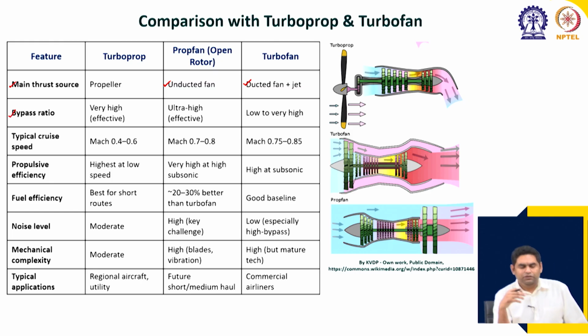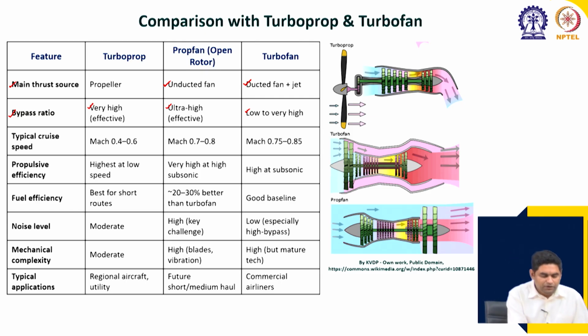The bypass ratio, the equivalent or effective bypass ratio, is very high for turboprop. It is also very high for prop fans, both cases very high. For turbofans, it can be high for high bypass turbofan and it can be low also for military aircraft, low bypass turbofans. So, this can vary depending on what design you want, what is the targeted aircraft cruise velocity.